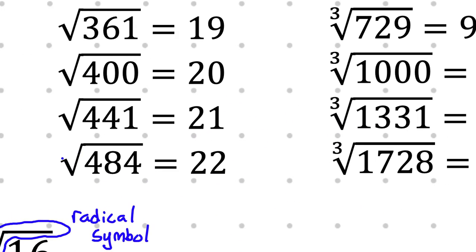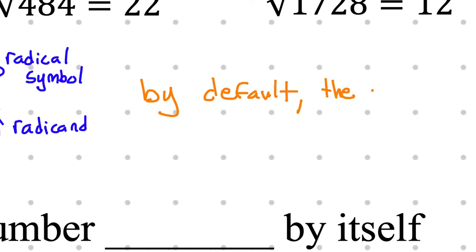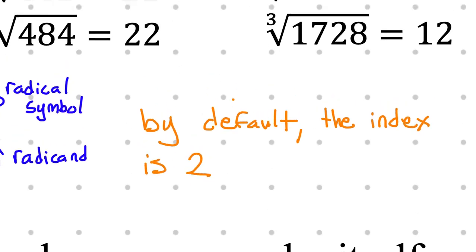But notice up here that there's no index. If you don't have an index, assume that's 2. So we'll say by default, come over here for the notes, by default the index is 2, unless you state otherwise. So up here I stated, oh no, the index is 3. That means I'm talking about the cube root.